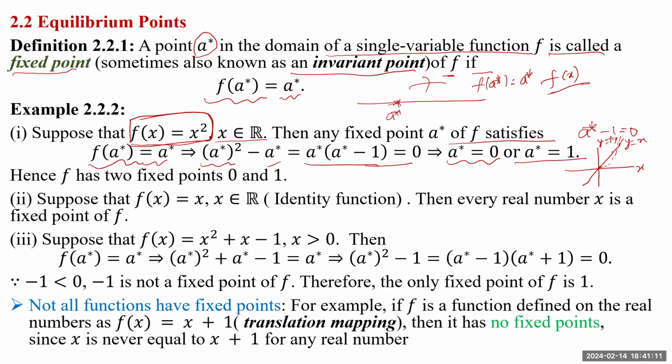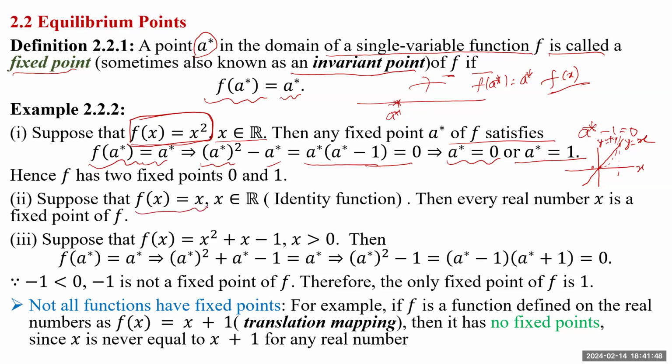So you can expect the fixed points where this graph touches the line y = x. Here, the graph y = f(x) touches at the origin 0 as well as the point 1. So there is a link between identifying the fixed points and where the curve intersects the line y = x.